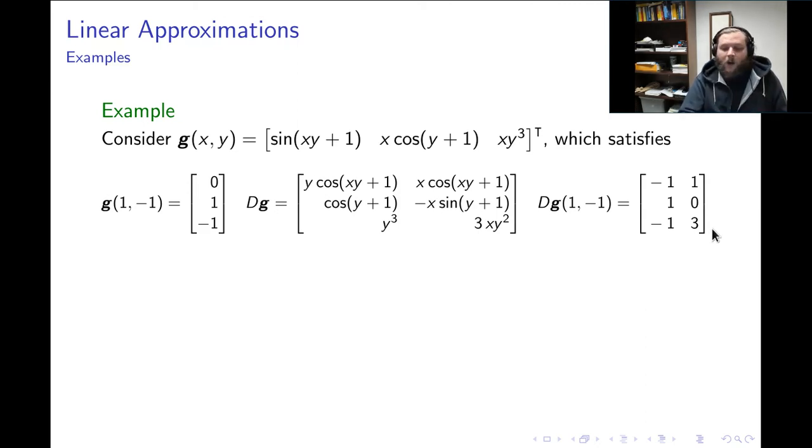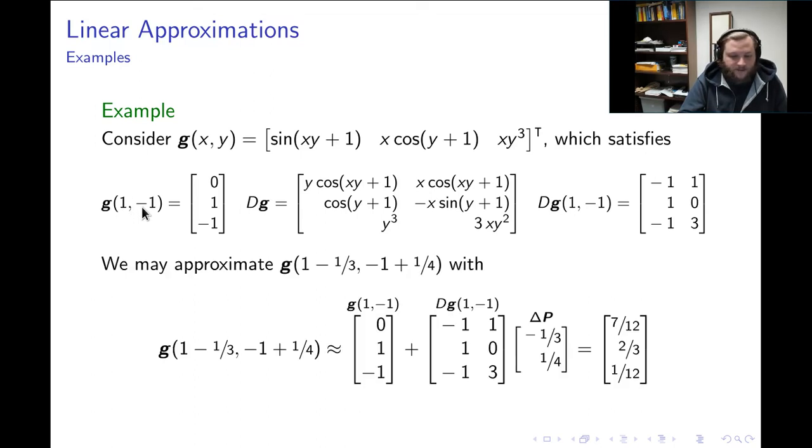Now I can use this data to approximate what would happen to the output of this function if we deviated from x equals 1 and y equals negative 1. Let's say I wanted to approximate the value of g of 1 minus 1/3, comma, negative 1 plus 1/4. So now I'm deviating from the original x input by negative 1/3, and from the original y input by 1/4.